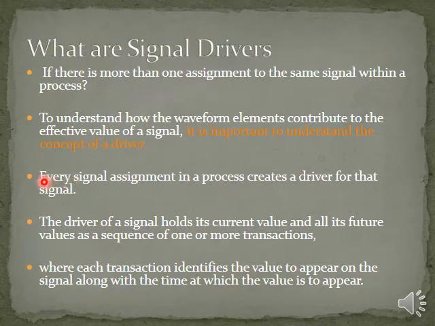Actually, every signal assignment in a process creates a driver for that signal. What does that mean? We all know what a signal assignment statement is. Assignment means assigning values to a variable.